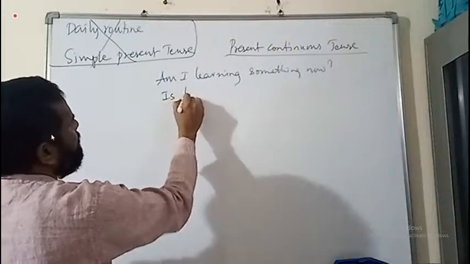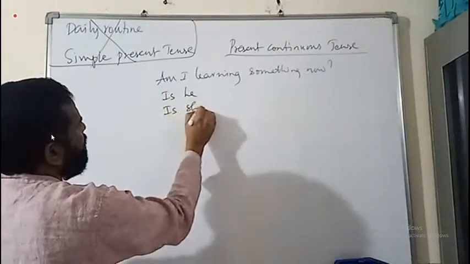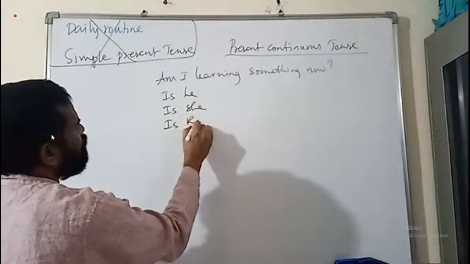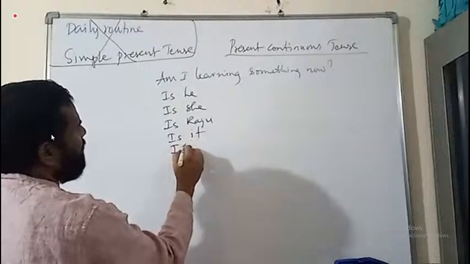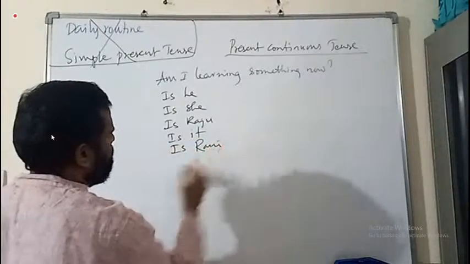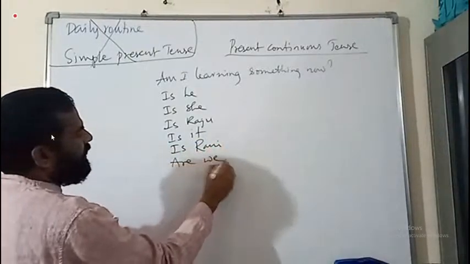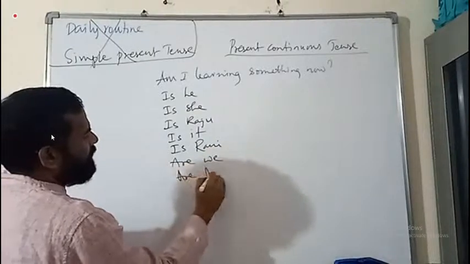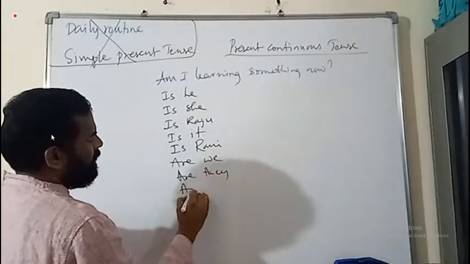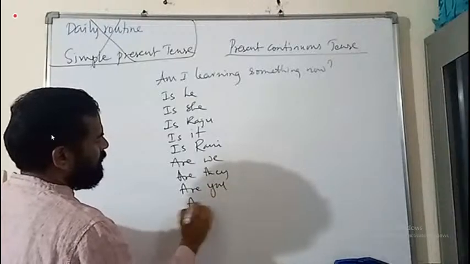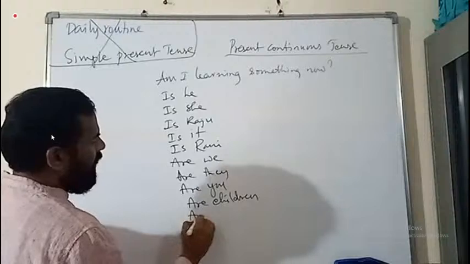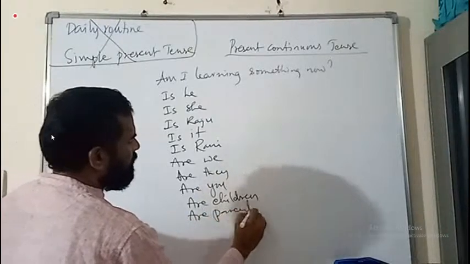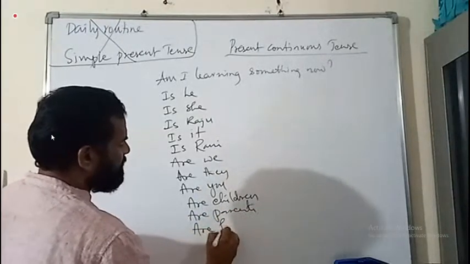Similarly, is he, is she, is Raju, is it, is Rani, are we, are they, are you, are children, are parents, are friends.